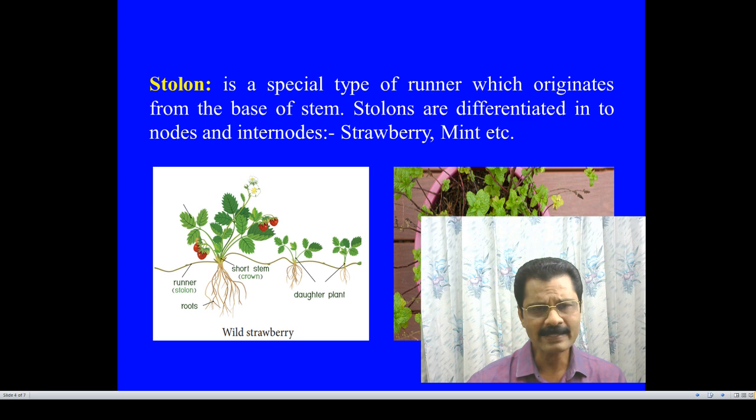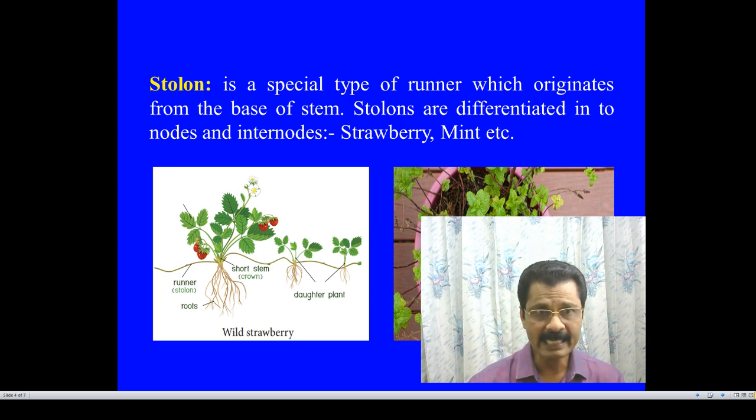But in the case of stolon, the branch arises from the basal node of the mother plant and it grows upwards, and then it obliquely grows downwards and it touches the soil. You can see an arch here. But in the case of runner, it grows horizontally and near to the soil surface.